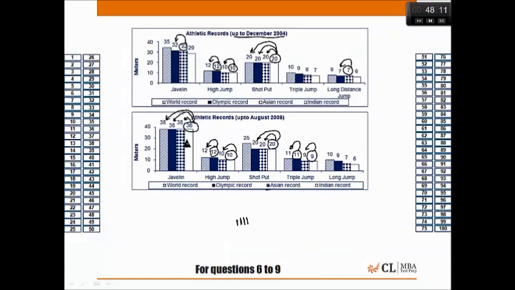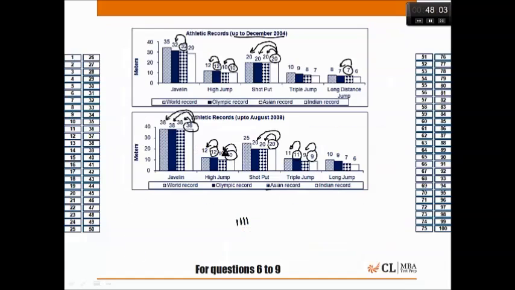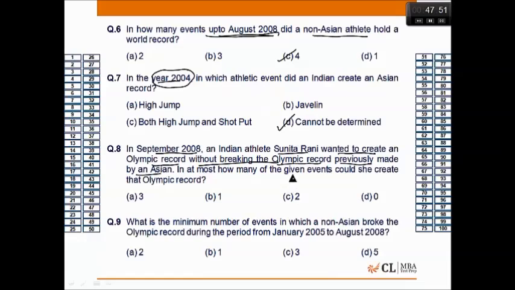She was without breaking the Olympic record previously held by an Asian. This is a non-Asian holding the Olympic record, this is the Asian holding the Olympic record, a non-Asian holding the Olympic record. That'll be 3.